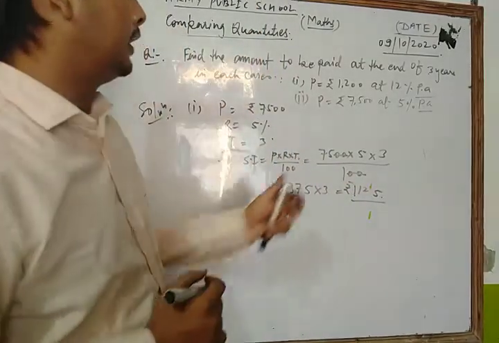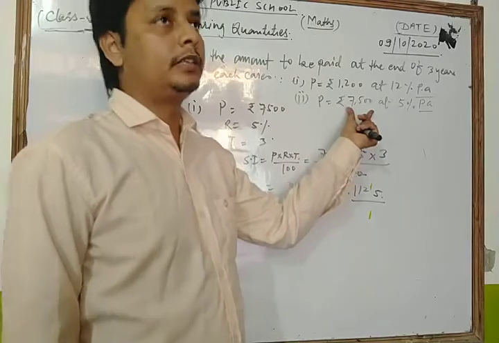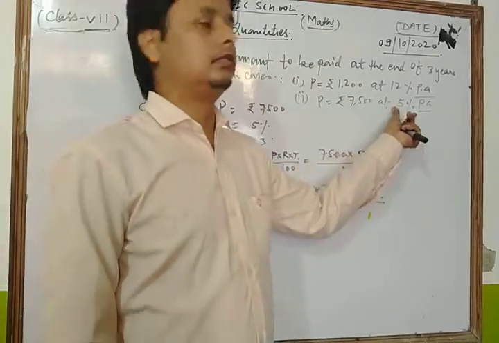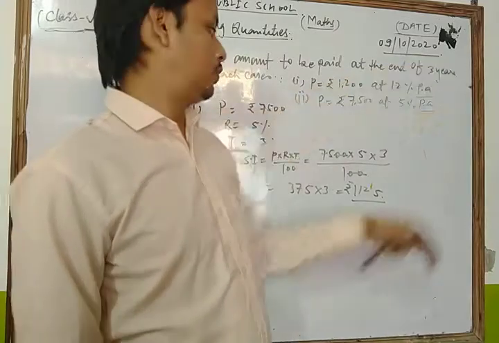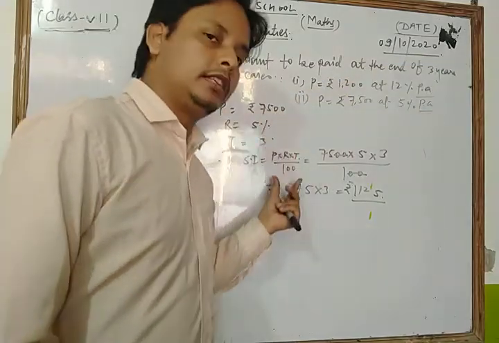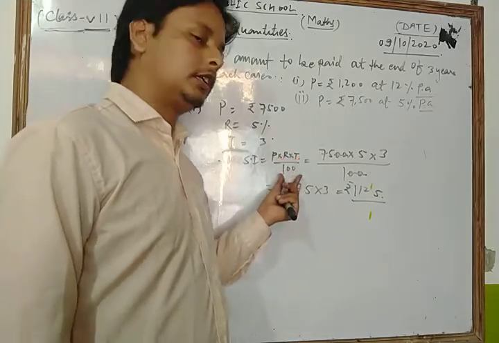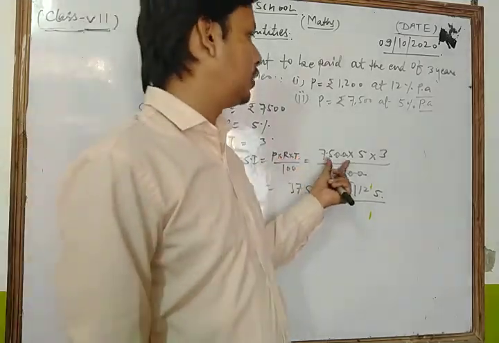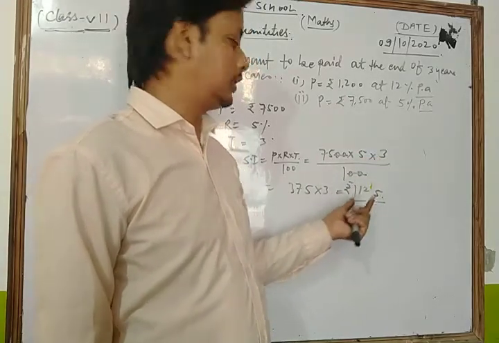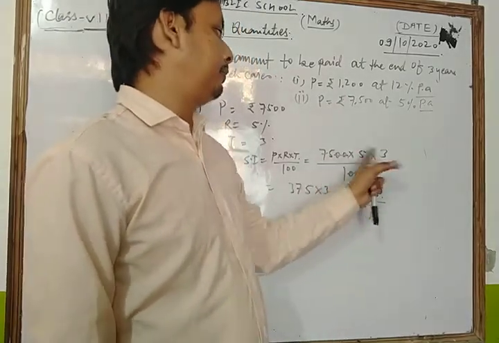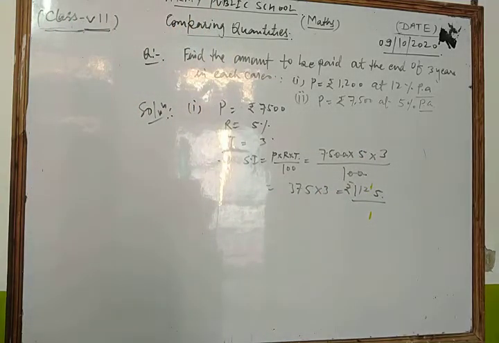Thus, in this way, in the second question, the principal is 7,500 at the rate of 5% per annum at the end of 3 years. Now we apply the formula for simple interest, P into R into T upon 100. Now we put in the values, and the zeros cancel each other.